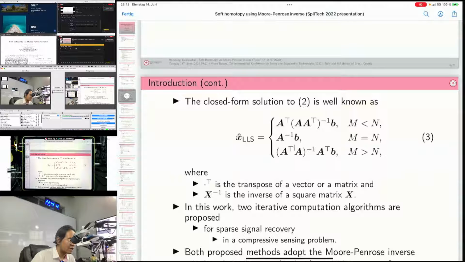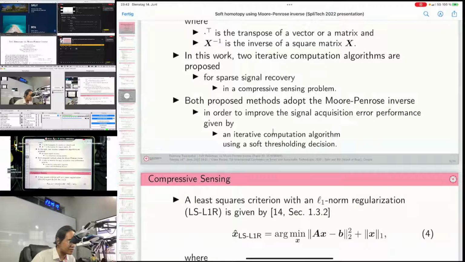In this work, we propose two methods for sparse signal recovery. The proposed methods make use of the Moore-Penrose inverse, and they are iterative algorithms using the soft thresholding criteria.